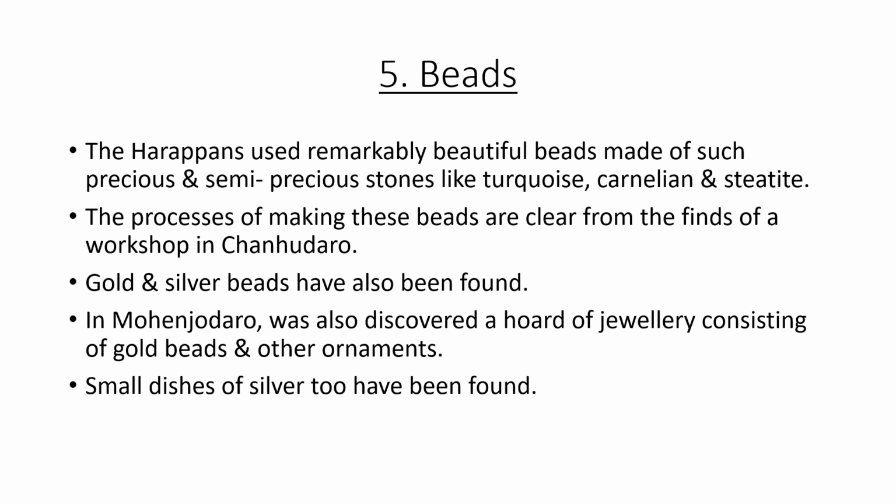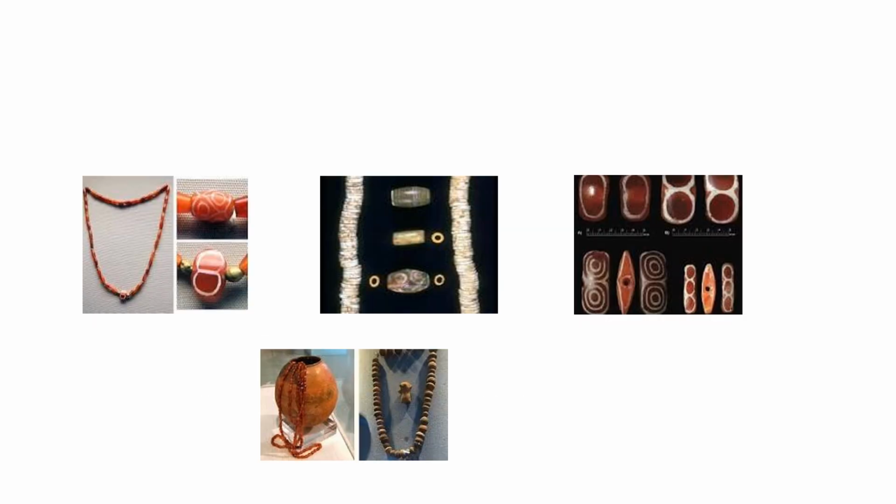Now, carnelian beads are also quite common, and in Mohenjo-daro was also discovered a hoard of jewelry consisting of gold beads, fillets, and other ornaments. Small dishes of silver too have been found. So now you have some pictures of the beads which were found in the Harappan civilization, which talk about the excellent art and craft that developed in this civilization.